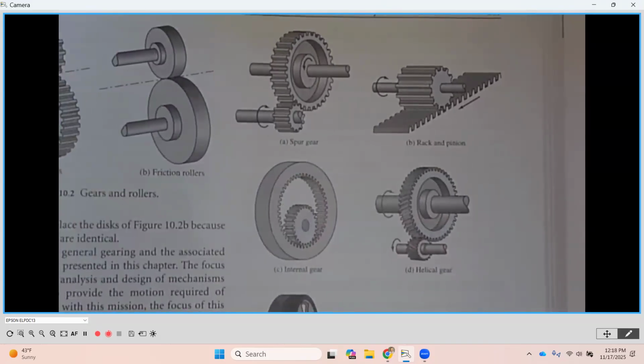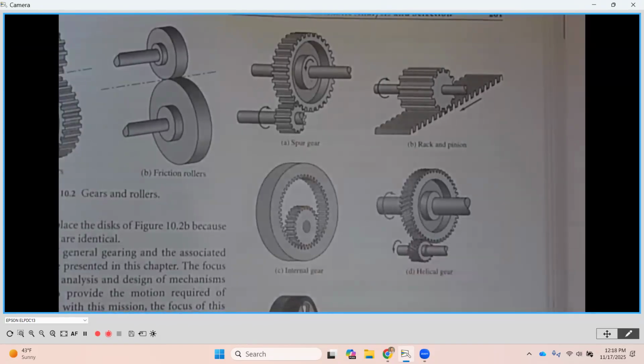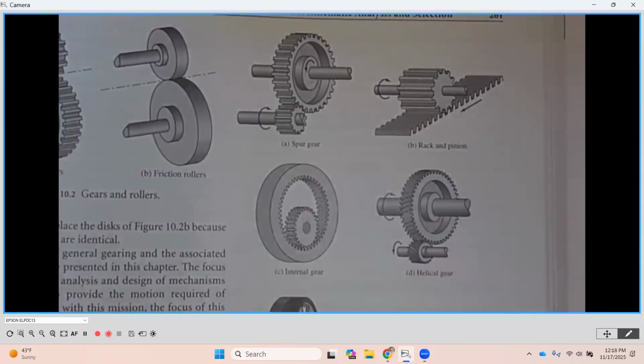Now, the reason for that is you actually get more surface area contact because of the nature of the diagonal. And what that benefits is, number one, we have more line contact or surface area that we can transmit torque and forces from one tooth to the other.